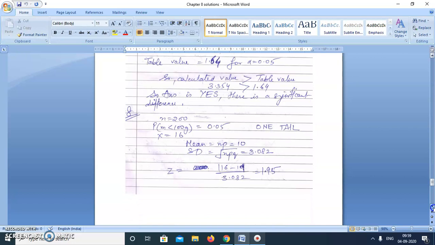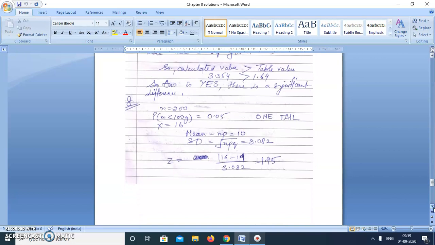Now the last question is, a manufacturer produces articles and knows that usually not more than 5% of them will have a mass less than 100 grams. So the probability of mass less than 100 grams is 0.05 maximum. When a large batch of articles was ready for delivery, 200 articles were selected at random and 16 of them had a mass less than 100 grams.